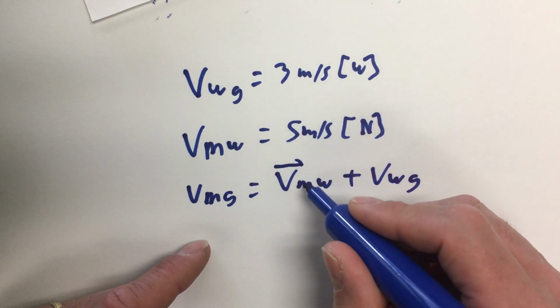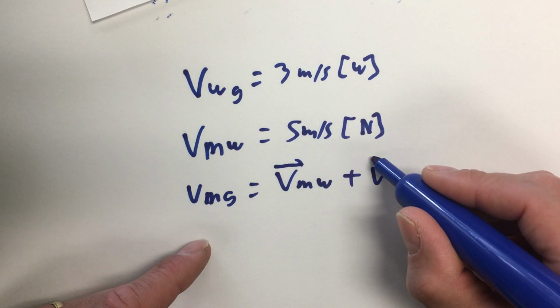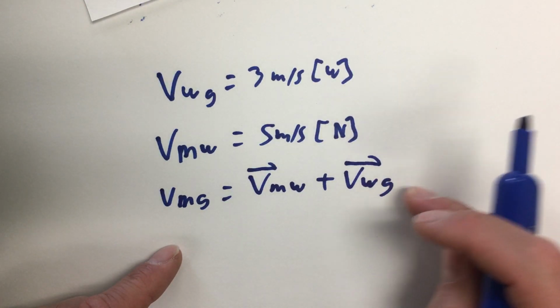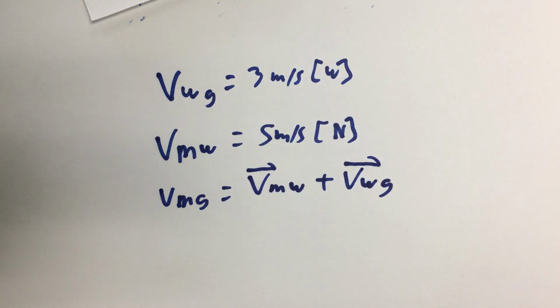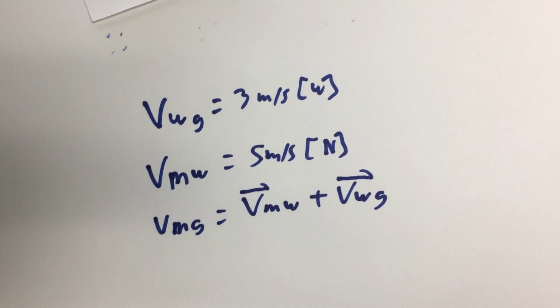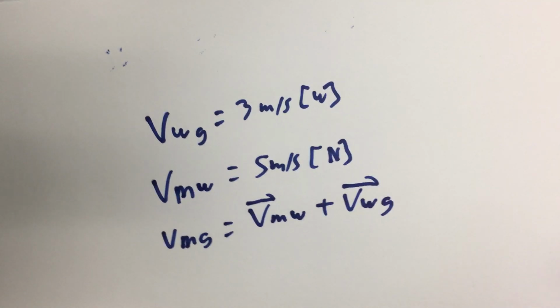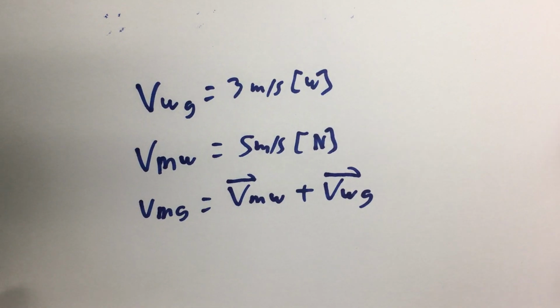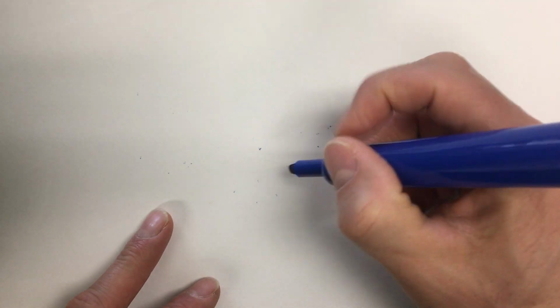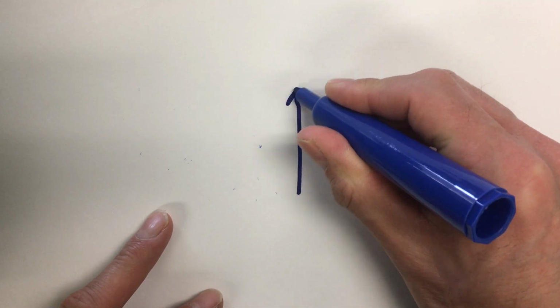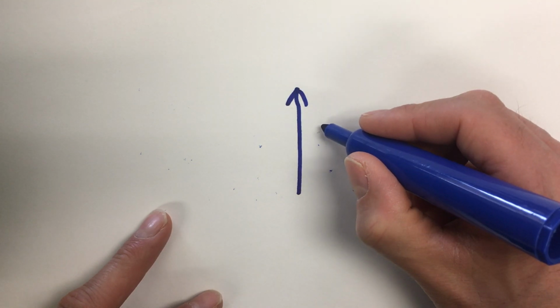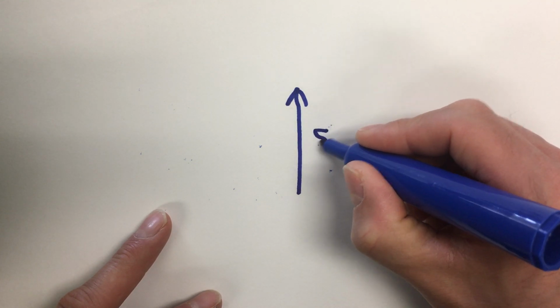So this is as the man swims in the water, and this is as the water moves with respect to the ground, or the run of the river. These are vectors that we're adding, so we're going to draw a triangle. We have a vector that is 5 meters per second north.